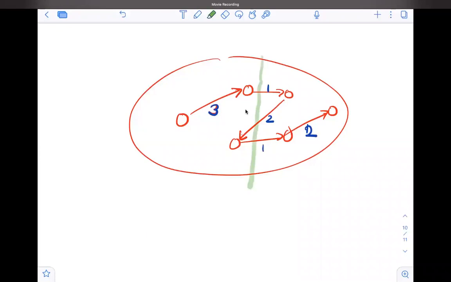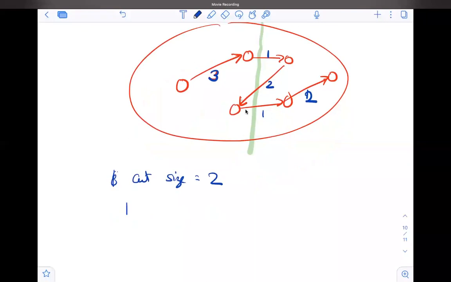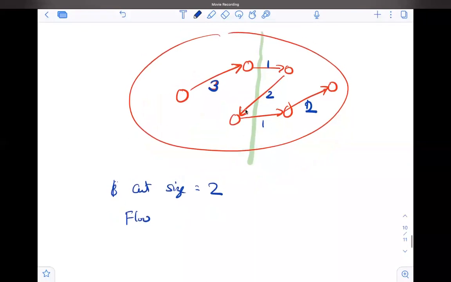What is the size of the cut? The size of the cut is 2. But what is the size of the flow? I have not even told the flow. That's the main problem. So what is the flow?